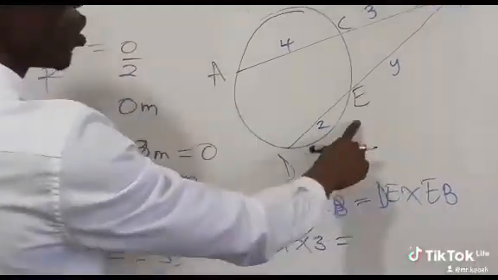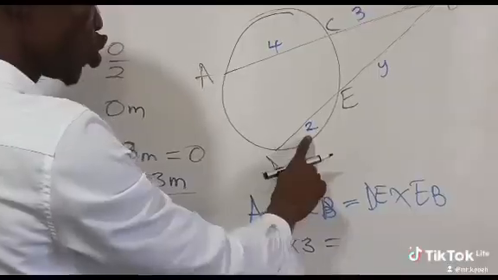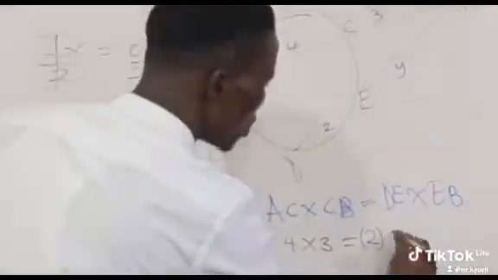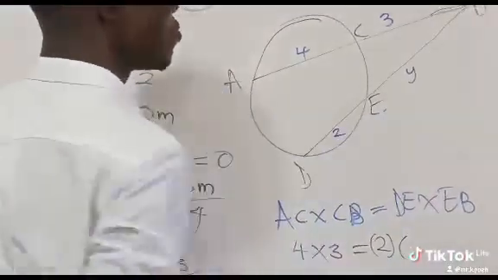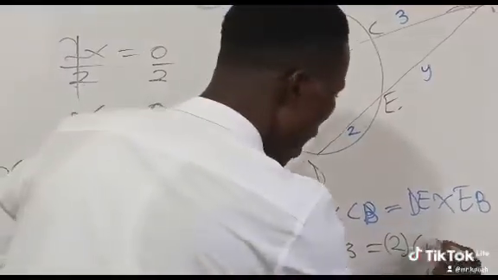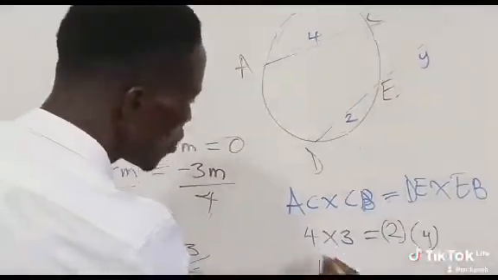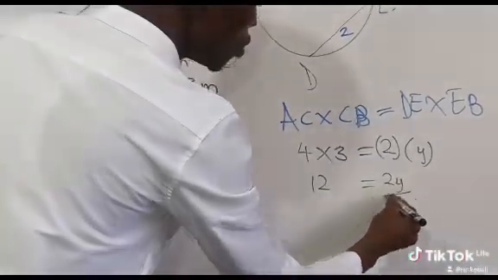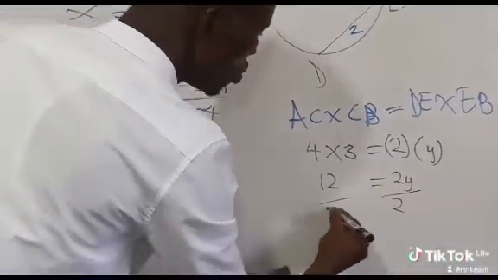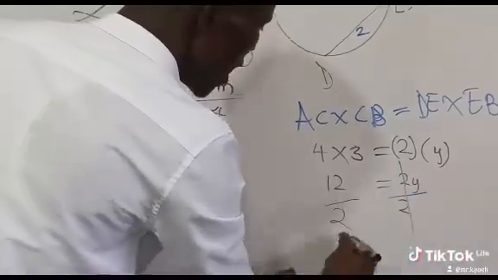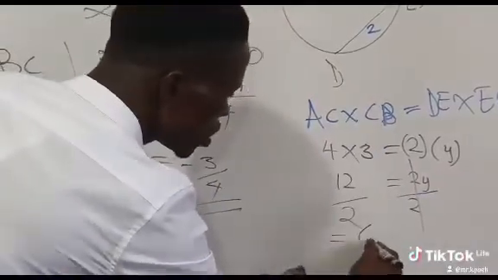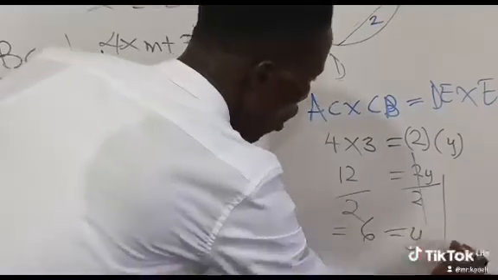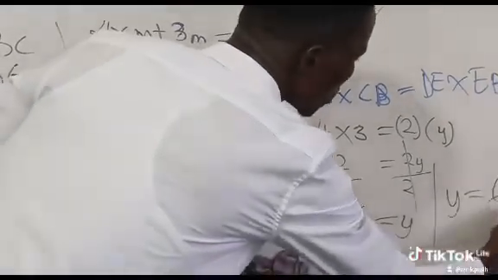Will be equal to DE, which is 2, times EB, which is Y. So automatically we have 12, 4 times 3 is 12. We get 2Y. So divide both sides by 2, and you have 6 equal to Y, or Y is equal to 6.